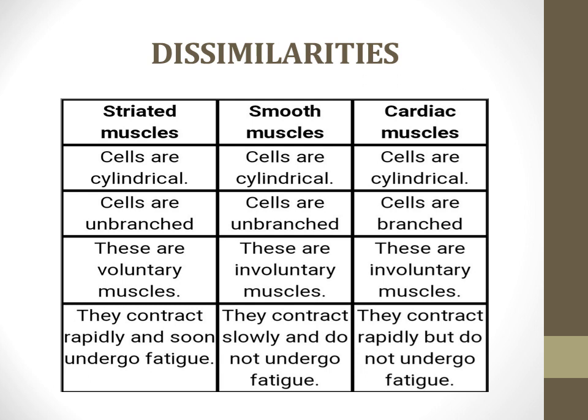So smooth muscles contract slowly and do not undergo fatigue. The same with cardiac muscles, they contract rapidly. The heart is beating rapidly but does not undergo fatigue, right? So these are some similarities as well as dissimilarities of these three types of muscles. Fine.